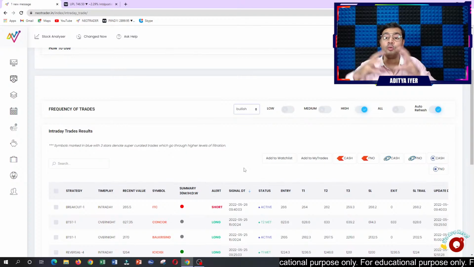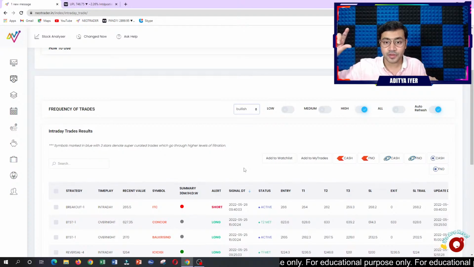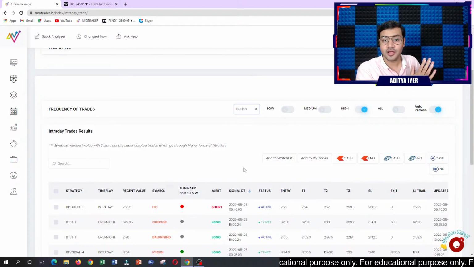But because the overall trend in ITC is still up, and it was in your bullish list, you can always choose whether you want to take this short trade or ignore it, right? So once you start doing all of this analysis like I'm showing you now, you can avoid the bad trades. You can handpick the good trades. You can do all of these things.